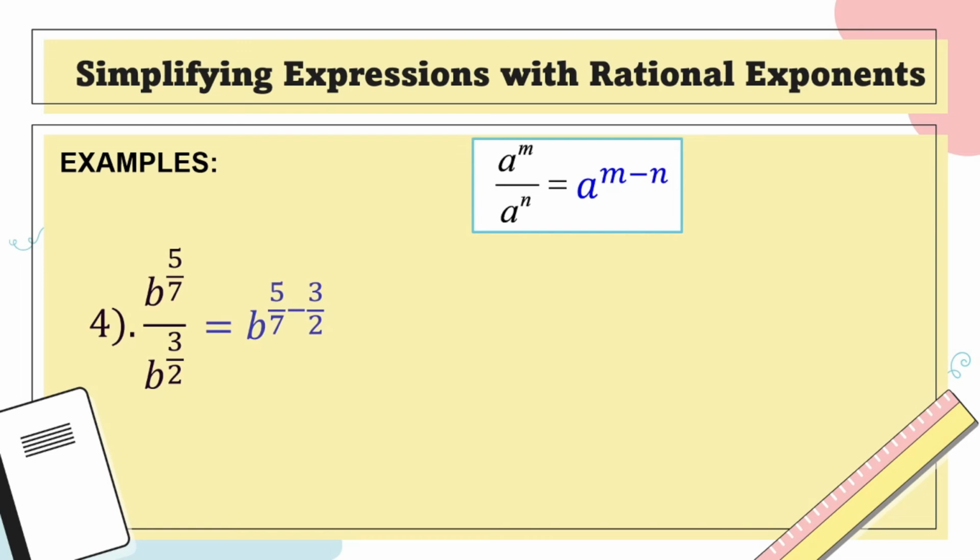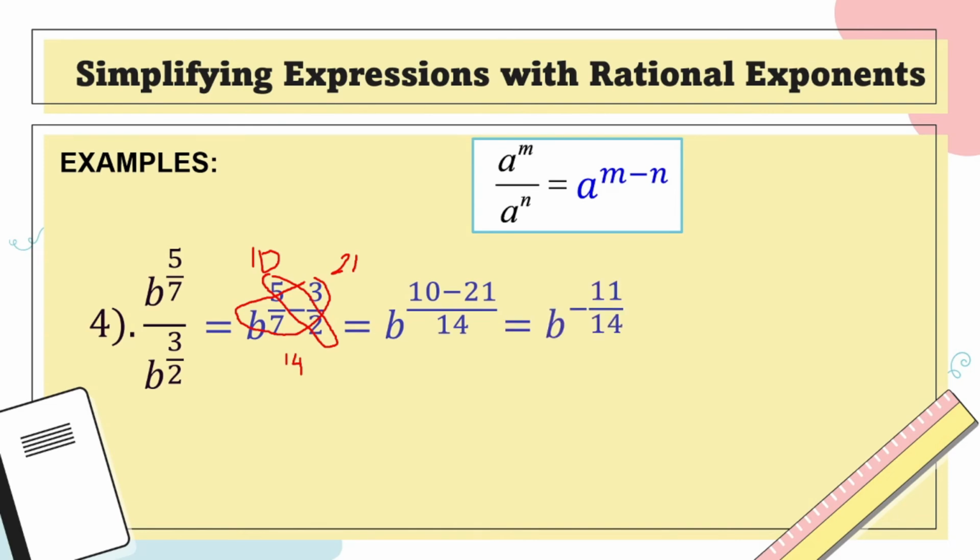Different denominators, so we use the butterfly method. 5 times 2, that is 10. Then 3 times 7, that is 21. Then 7 times 2, that is 14. Simplifying, we get b raised to 10 minus 21 divided by 14. Solving the numerator, we get negative 11 over 14 as the exponent.